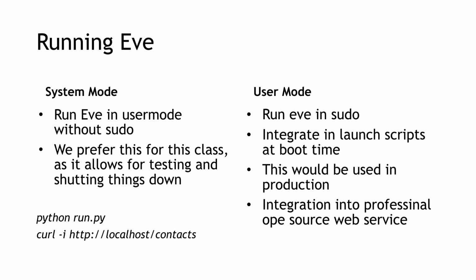And this is naturally part of a production-like system. On the other hand, we have a user mode in which we are just simply running Eve by hand without sudo. And in our case, we actually want to do that because we want to make sure that we can modify and customize our services, restart them, and make sure also that we shut it down so that no security exploits could happen after you're done with our activities.